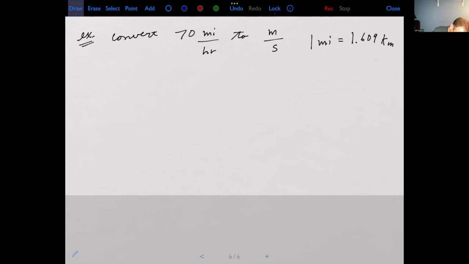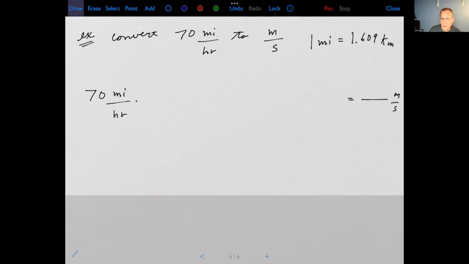All right, so I'm going to start. For this case, we're going to have to multiply by a lot of unit conversion factors. So I'll write this as miles per hour, and way over here, I'm going to hopefully end up with meters per second. First, I want to somehow get from miles to units of meters for that length.